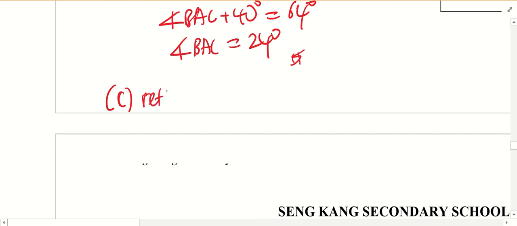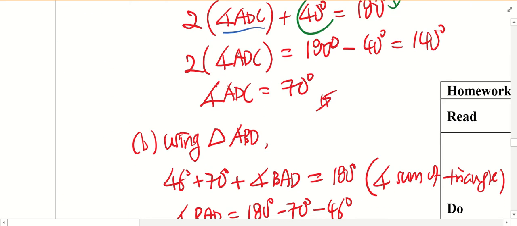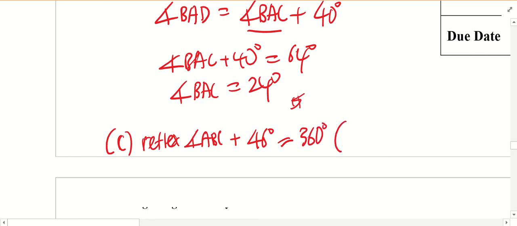The reflex of angle ABC plus the acute angle there, 46 degrees, equals one full circle, 360 degrees. And what's the reason here? Angles at a point add up to 360 degrees.